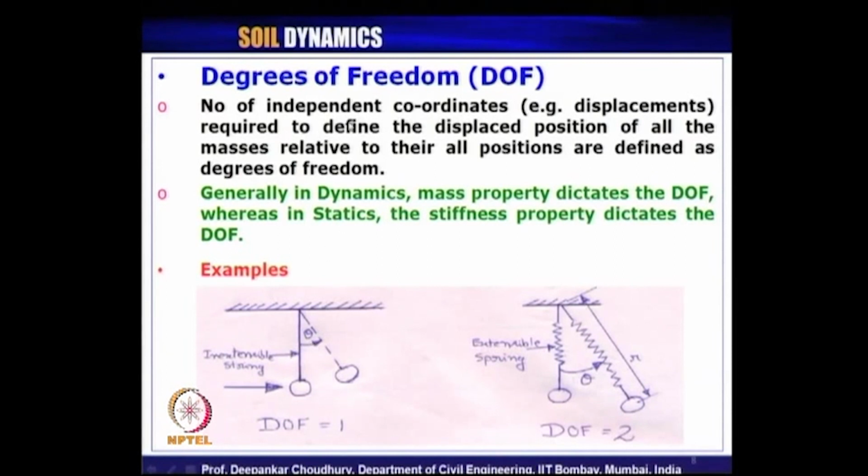This theta is the independent coordinate which is required to define its displaced position at any point of time. So, for this system the degrees of freedom is 1, and this is the minimum number of independent coordinates required to define its position at any point of time.